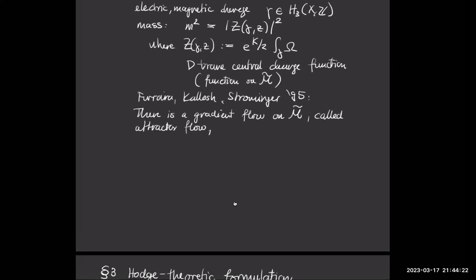Given by the equation mu d/d mu of z^i is minus G^{i j bar} d_{j bar} of the potential, and the potential of the gradient flow is just the logarithm of the absolute value squared of the D-brane central charge function.